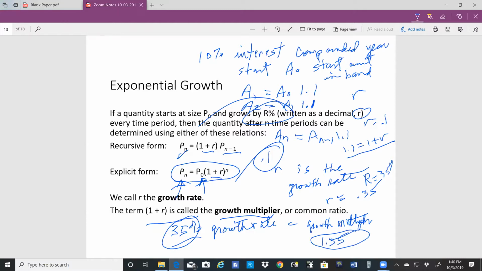The growth multiplier, or the common ratio. So this year's amount is equal to 1.35 times last year's amount.